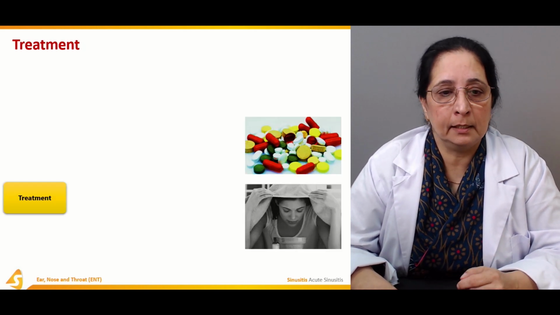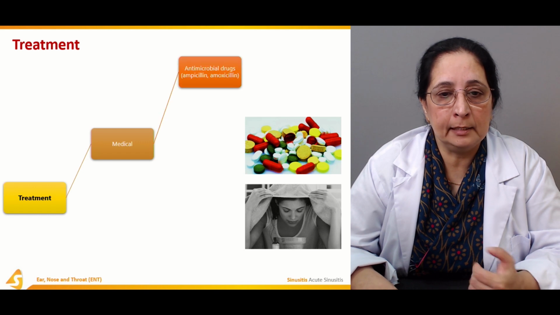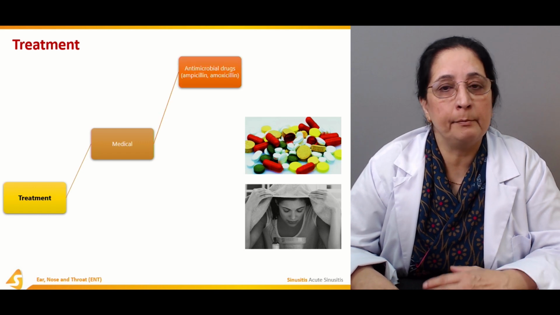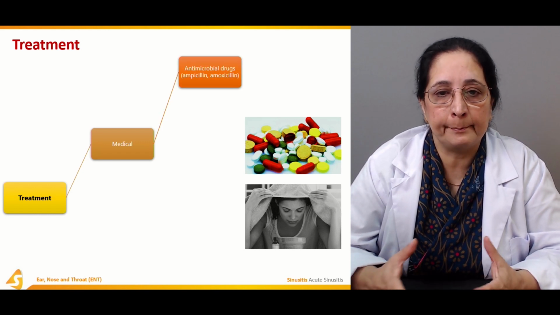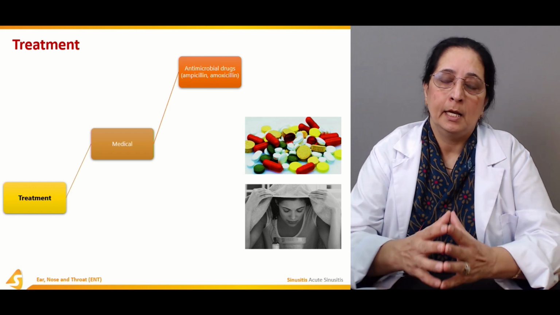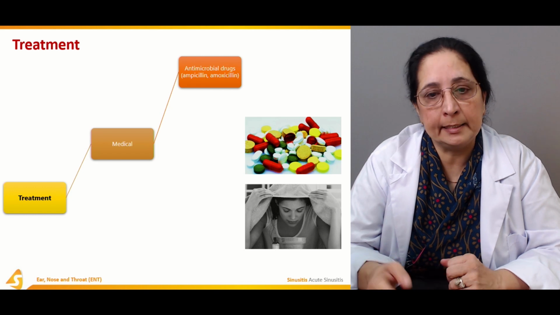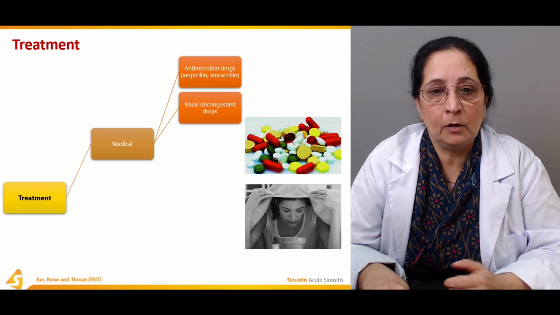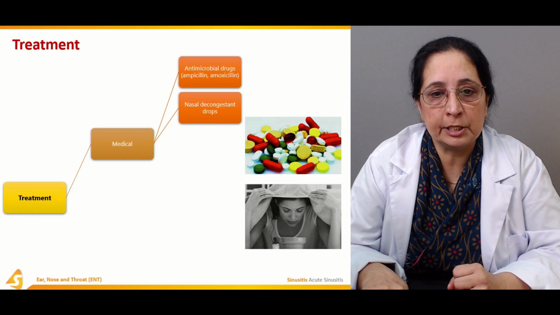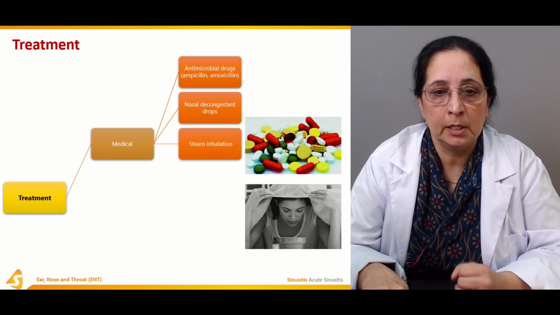Treatment is usually medical treatment with antimicrobial drugs like ampicillin and amoxicillin. So acute maxillary sinusitis is treated with antibiotics. Then nasal decongestant drops can also be used.